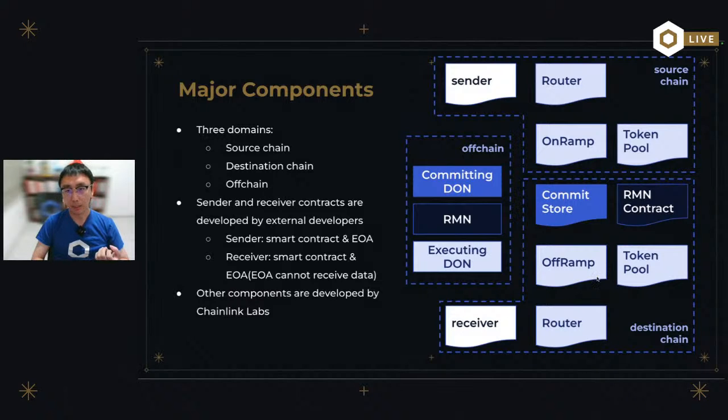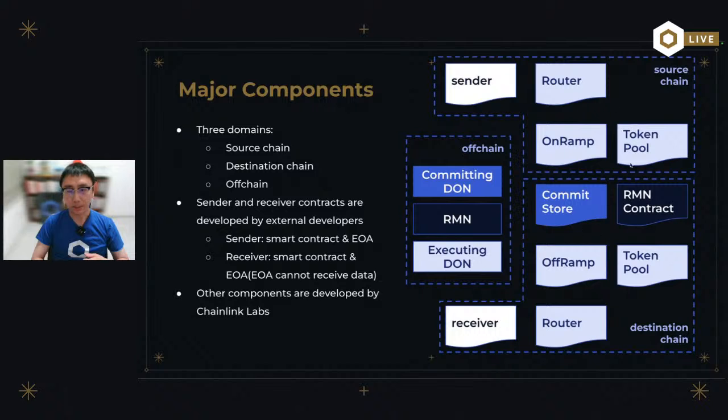What I want you to learn in this slide is that there are two smart contracts, sender and receiver. Only these two smart contracts are supposed to be developed by external developers. So if you are a developer and you want to use the CCIP to transfer your tokens or message from the source chain to the destination chain, you only need to develop a sender and a receiver smart contract.